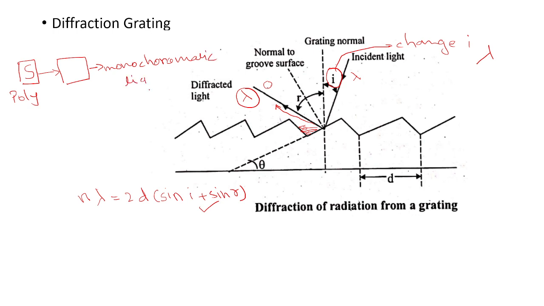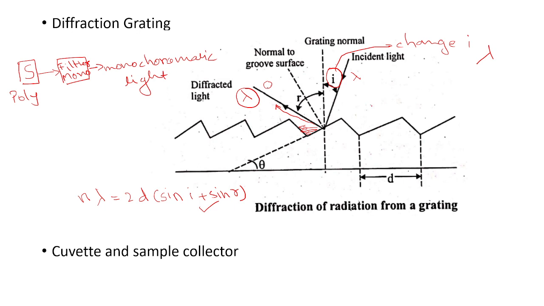There are two types of filters, absorption and interference, or you can use monochromators like prism or diffraction grating. So these are the various ways by which you can get a source of monochromatic light.